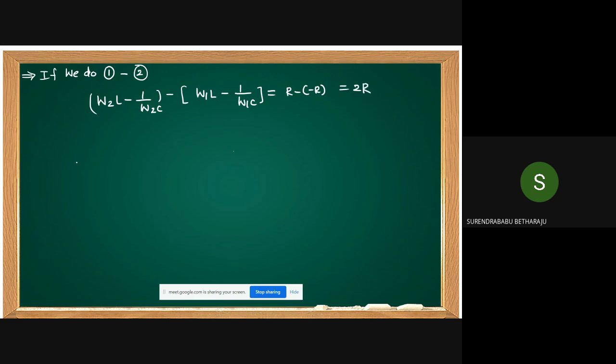Previously, that was addition, R plus R minus R is 0. But here, R minus R, we get 2R.